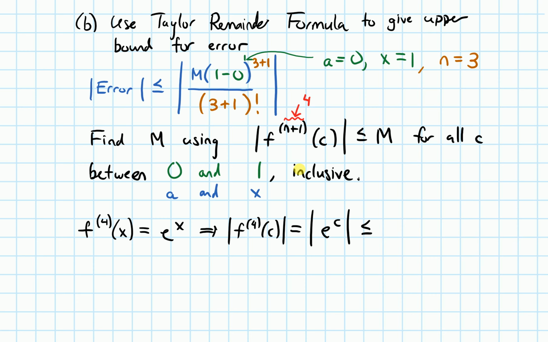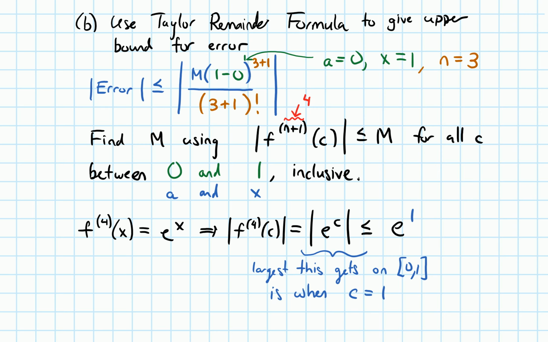In other words, I want to know what's the largest this gets. Well, the largest e to the c gets on the interval from 0 to 1 happens to occur when c, the exponent, is 1. And when c is 1, we end up with e to the 1, or just e.